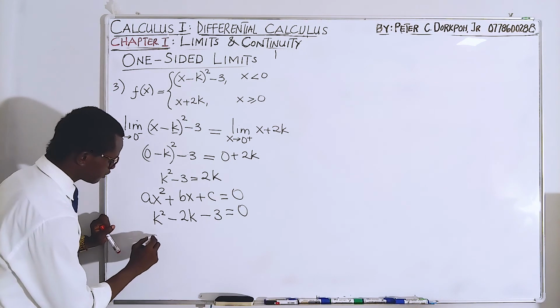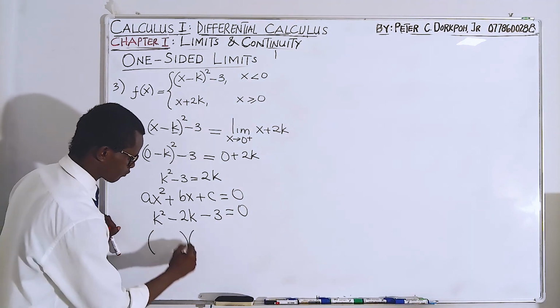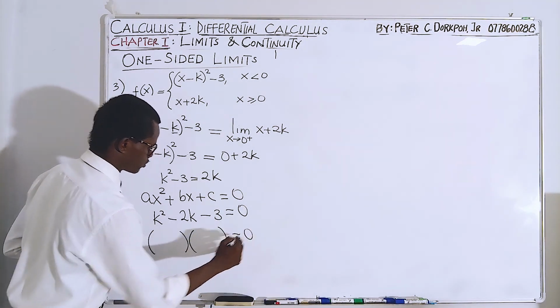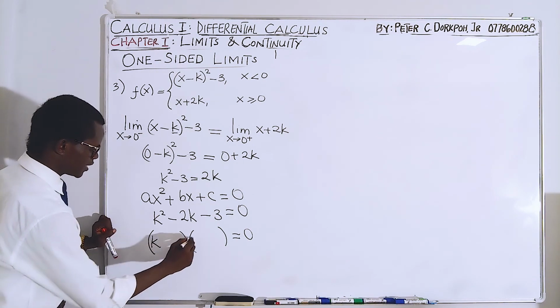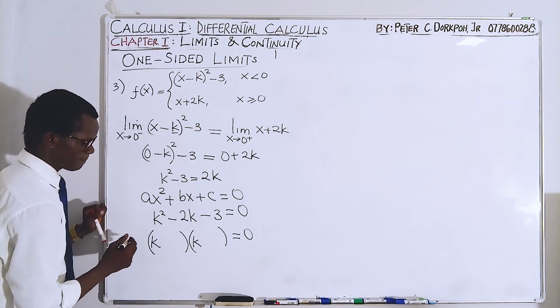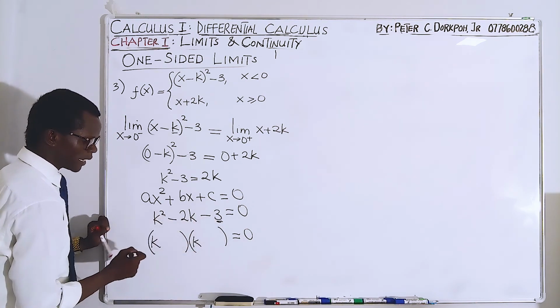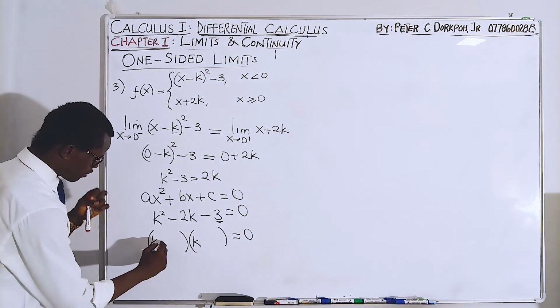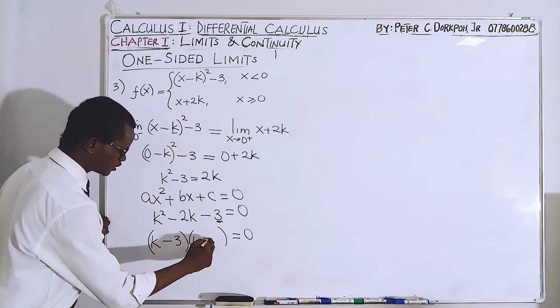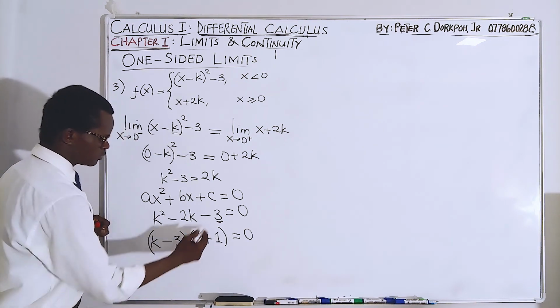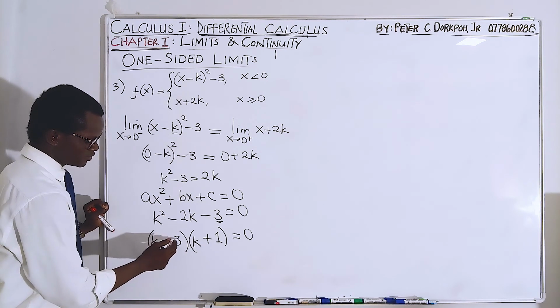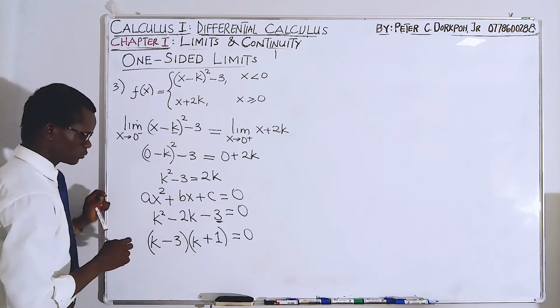So we can factor now. All equals to 0. k times k gives us k squared. Which two numbers can we multiply to give us minus 3, and when we add them, we get minus 2? Minus 3 times positive 1 equals minus 3, and minus 3 plus 1 is minus 2.